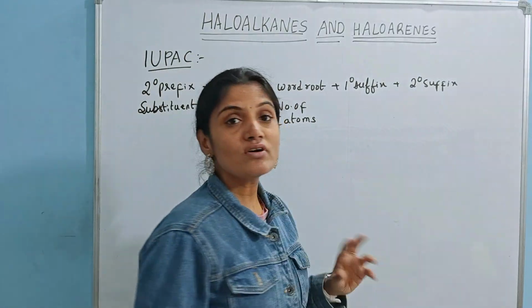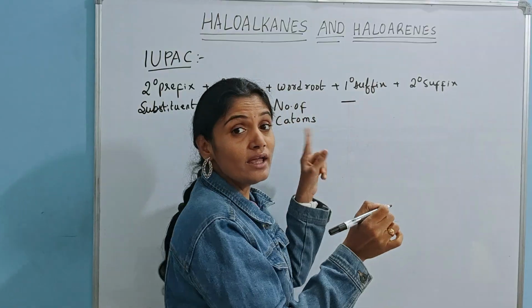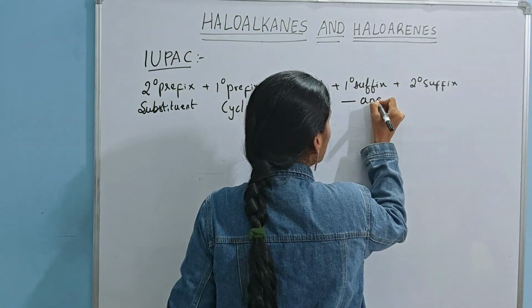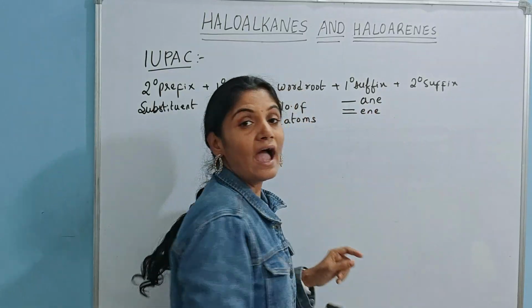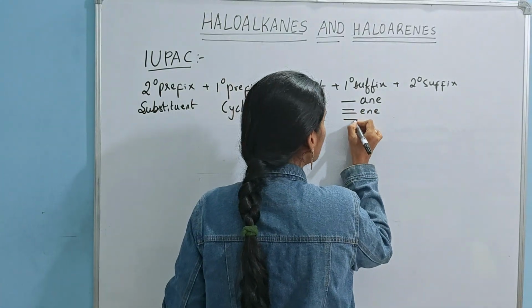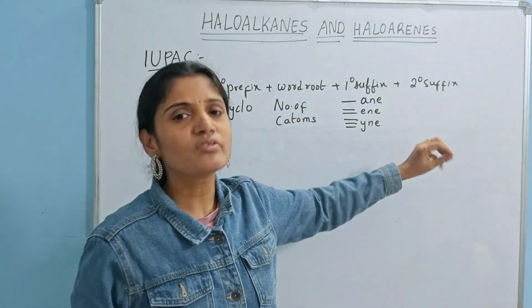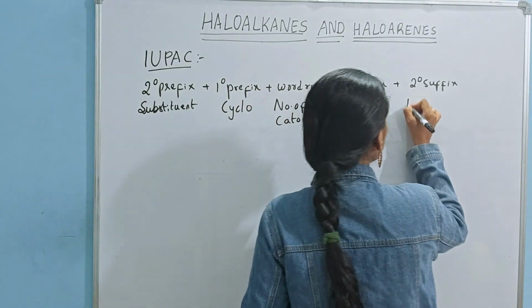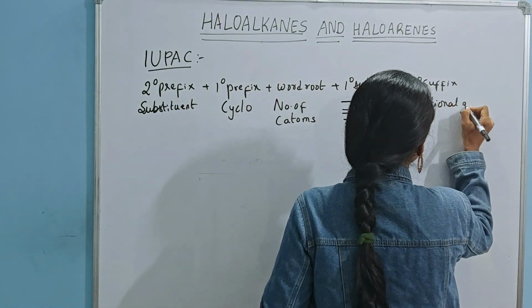Primary suffix will give us the information whether the compound has a single bond. If it is a single bond, we write "ane". If it is a double bond, we write "ene", and if it is a triple bond, we write "yne". And what is the secondary suffix? What do we take under secondary suffix? Very important part.